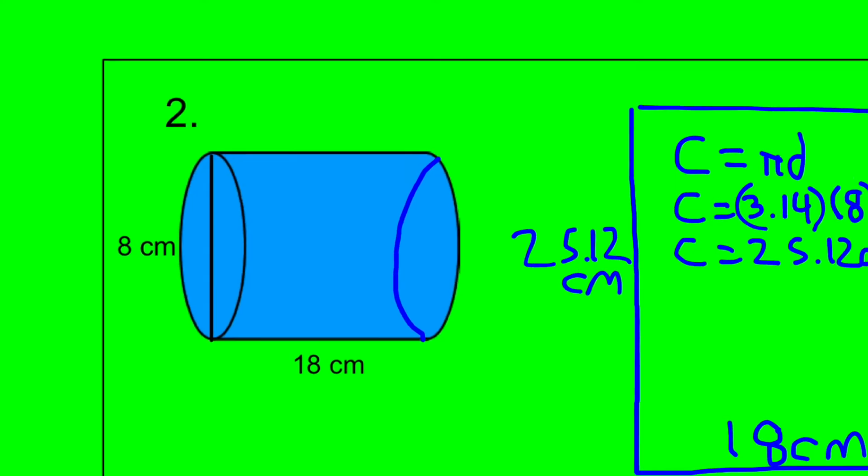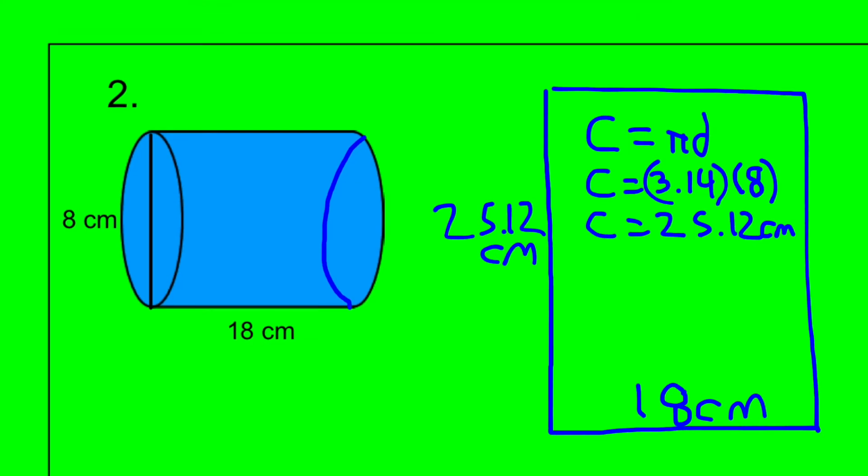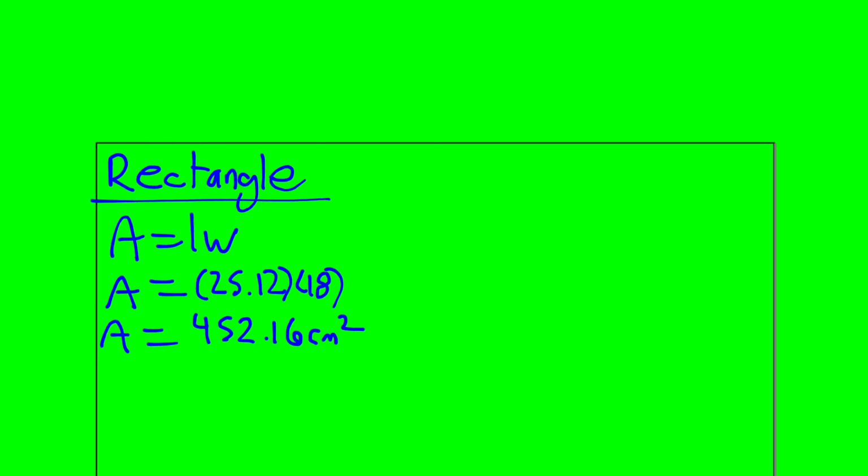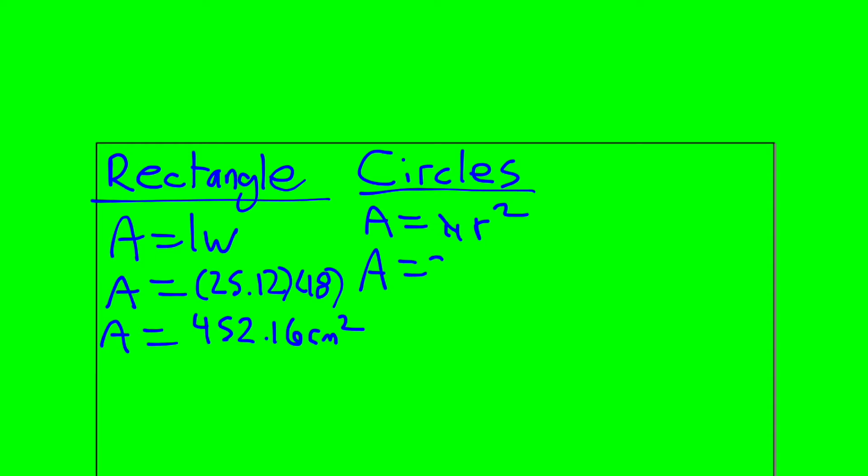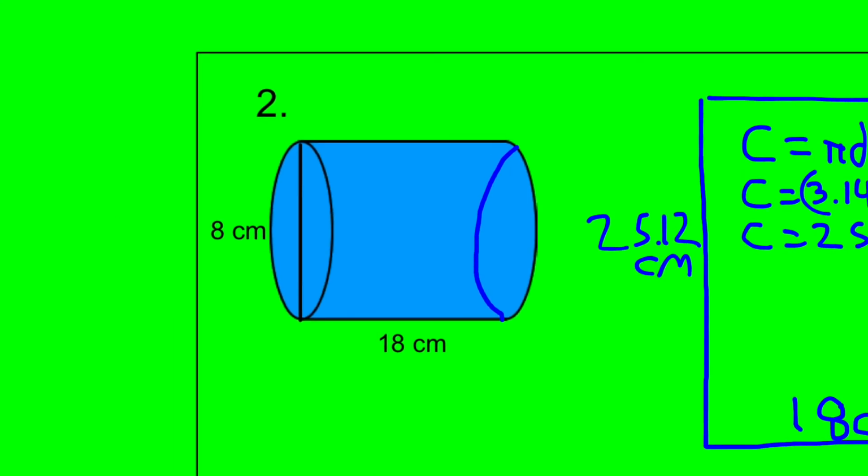Now we need to calculate the area of the two identical circles. So I'm going to make another heading, and I'm going to call it circles. We know area of a circle is area equals pi times the radius squared. Area equals 3.14, and we need the radius of the circle. Now remember, radius is half the diameter. We're given the diameter of this circular part.